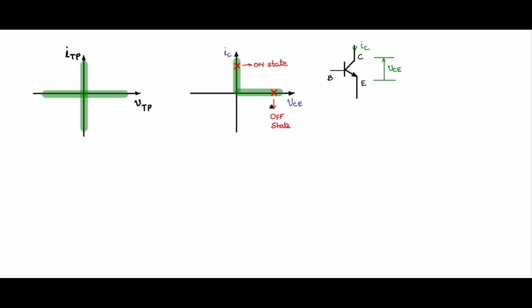Now if I have to transition from off state to the on state, one way is to go along this line with 0 current, then at 0 voltage, go along this line and reach this operating point. Now if you take this route, at every point on this route the power loss is 0.